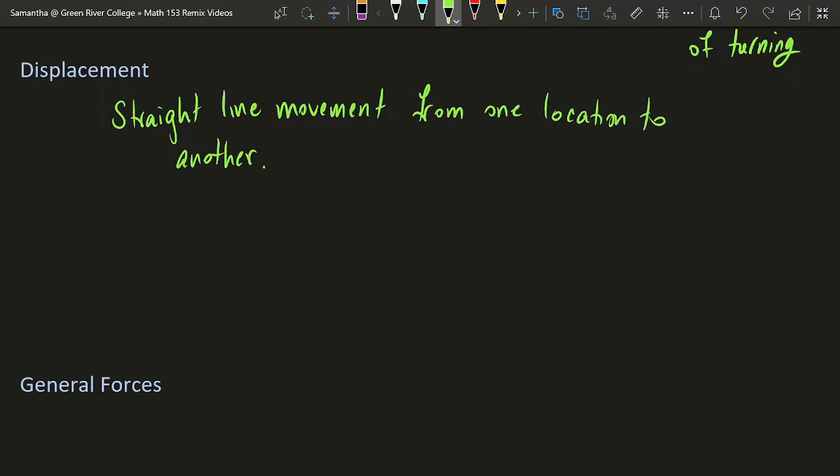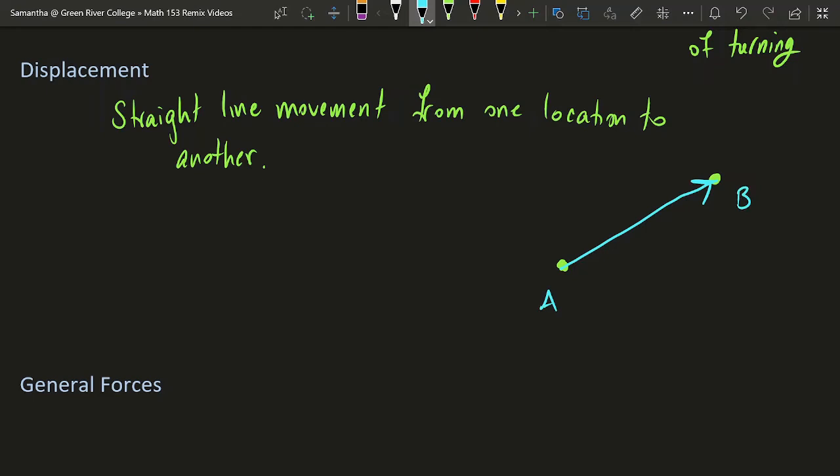So for example, if I had a position in two-dimensional space indicated by this green dot, and I had another location in two-dimensional space indicated by this green dot, then I could draw a vector between them. And this blue vector would represent the displacement from point A to point B.